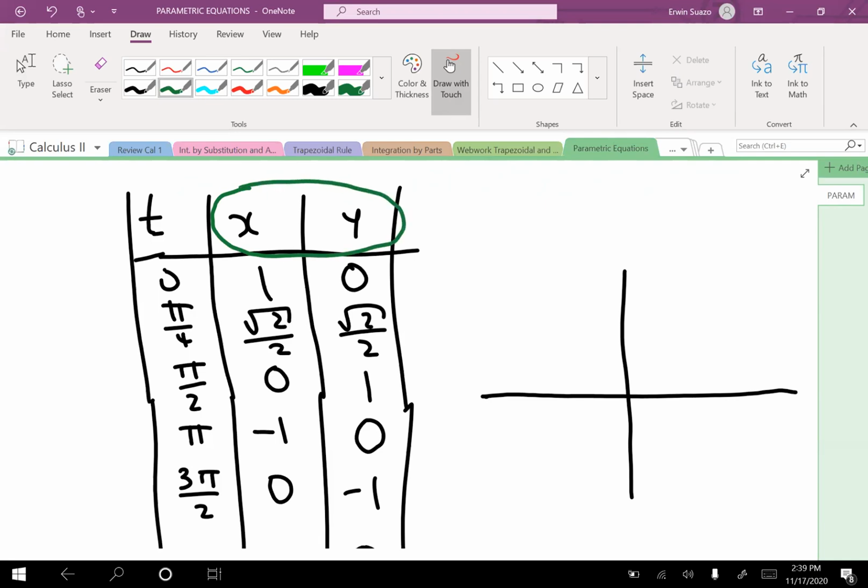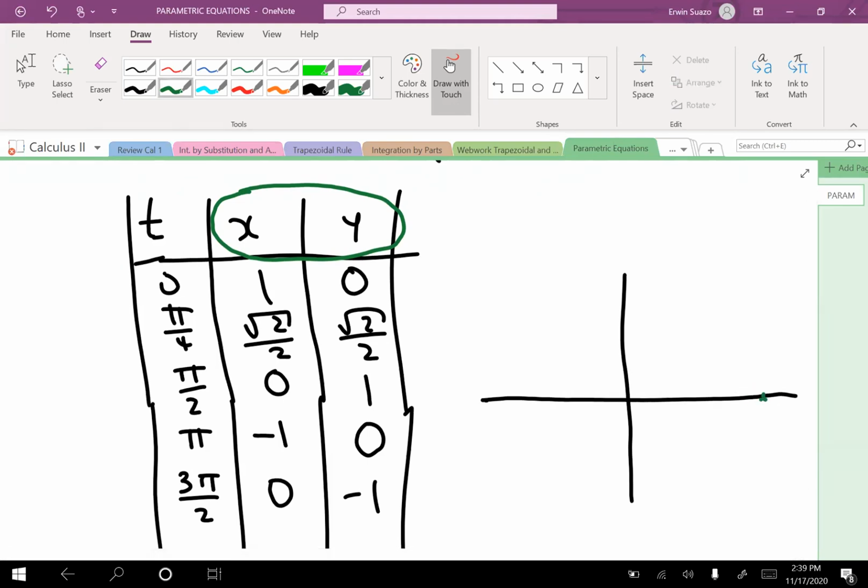So when x is 1, y is 0, so x 1, y 0. This is 1.